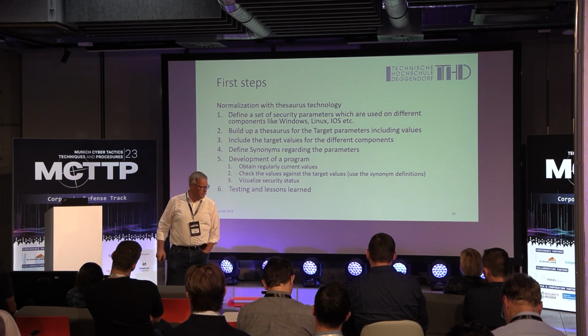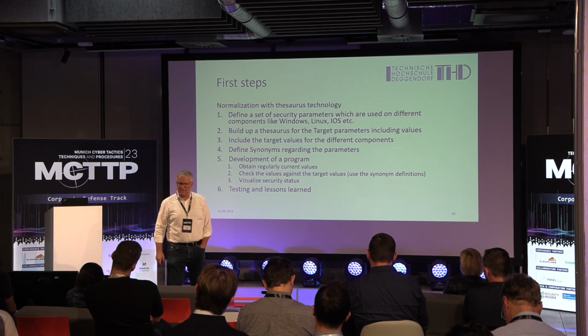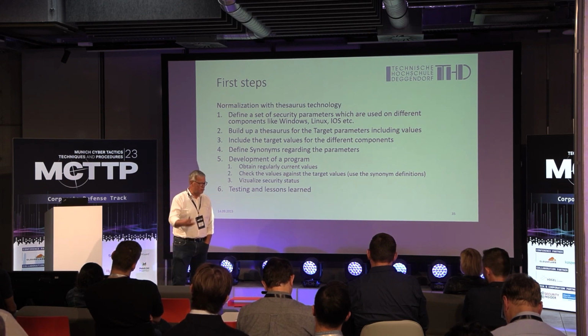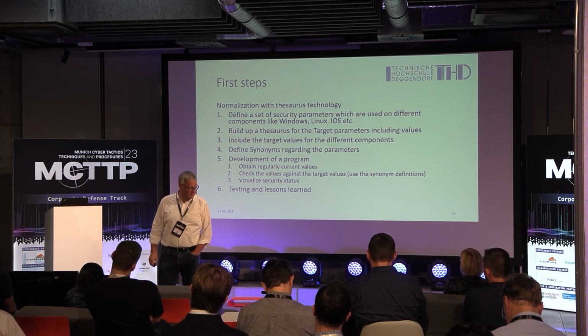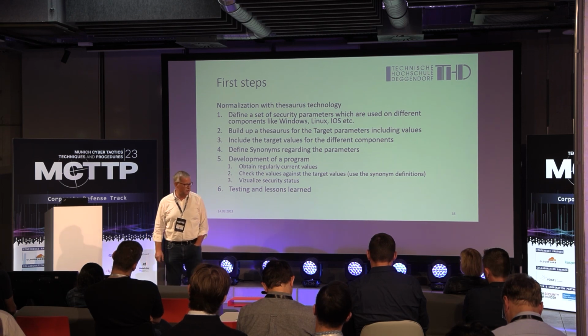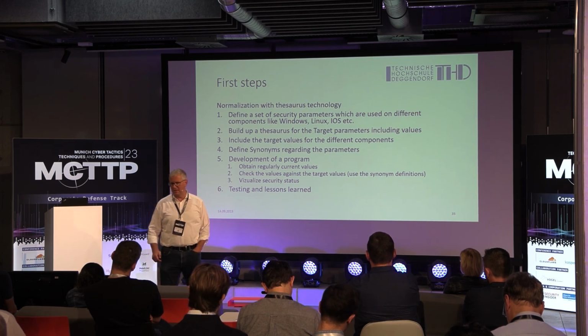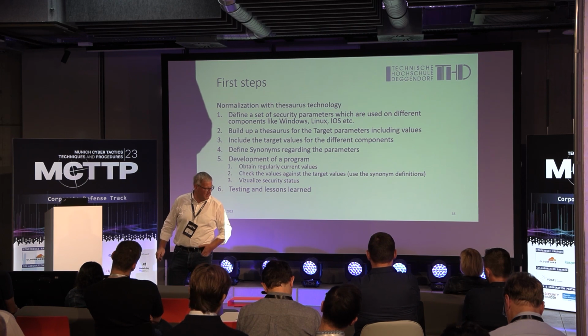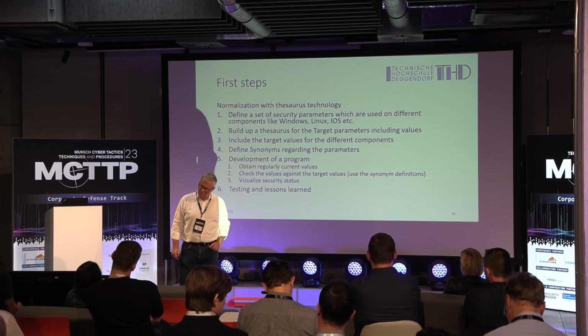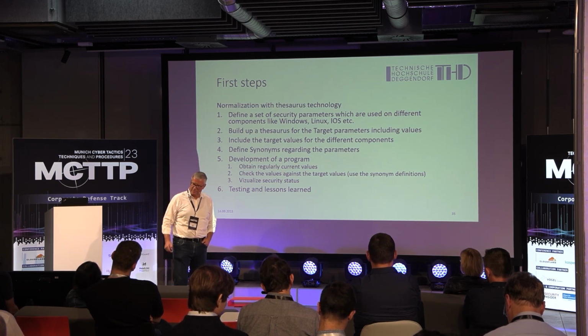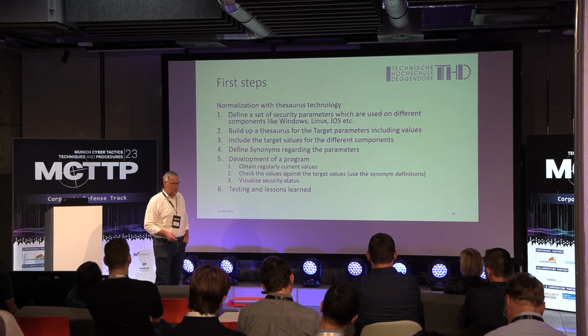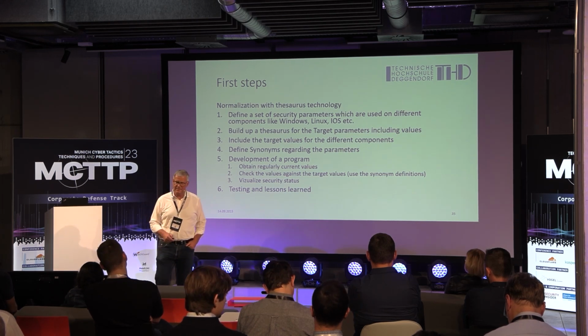That should be easier to maintain, because if we have a new one, okay, put it in the taxonomy. Well, this is really easy. Or if the values change, okay, we can change it in the taxonomy. And then we can store it in XML format or whatever, and then it is usable or executable by the computer. So that is the idea here, so that we make this normalization manageable.